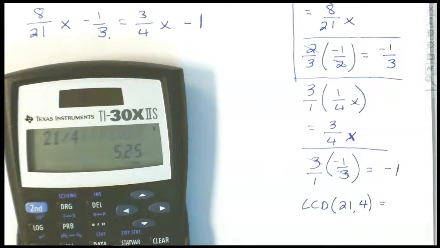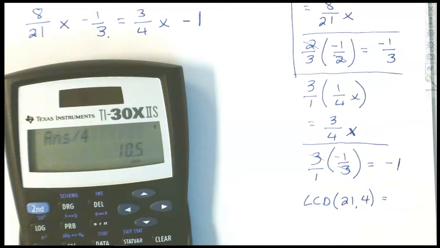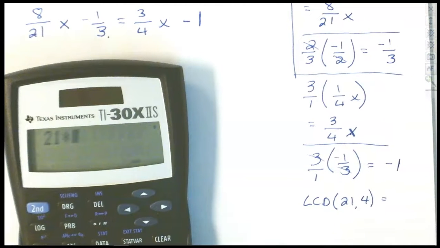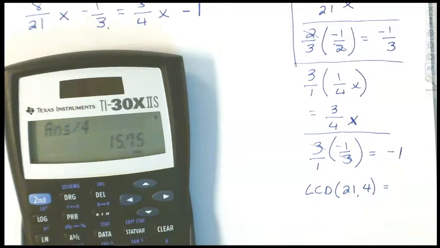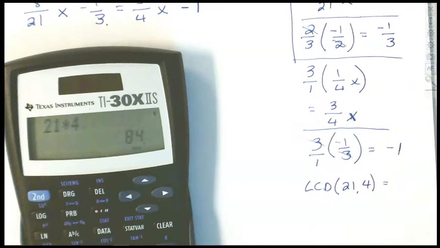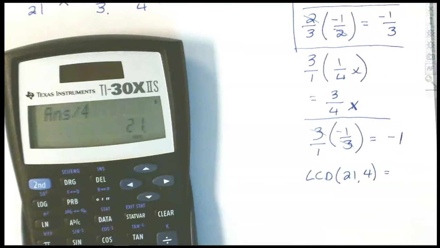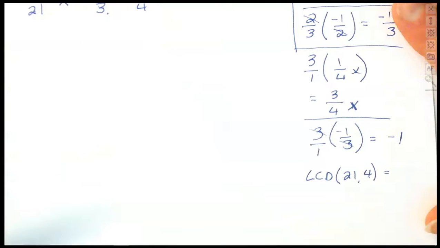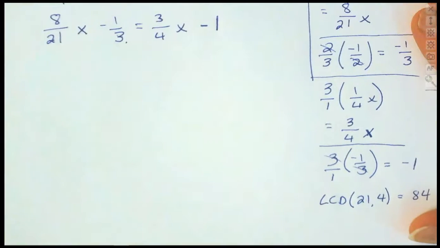No. Okay, 21 times 2, what's that? 42. Does that go into 4? No. 21 times 3, what's that? 63. Does that go into 4? Nope. But what about 21 times 4? 21 times 4 is what? 84. And does 84 go into 4? Yep. So what's our least common denominator going to be? 84. That's how you get them.